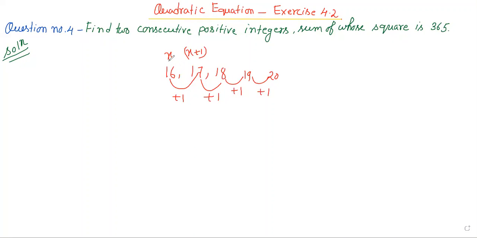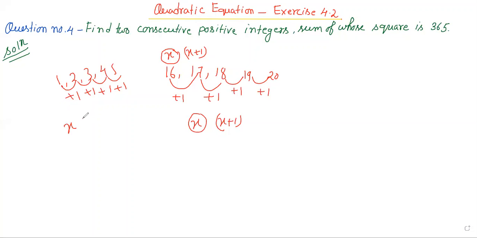Because if we add 1 to a number, we get the next consecutive integer. Take 1, 2, 3, 4: 1 plus 1 is 2, 2 plus 1 is 3, 3 plus 1 is 4, 4 plus 1 is 5. We take 1 because the difference between them is 1. Now let's try to solve this question.